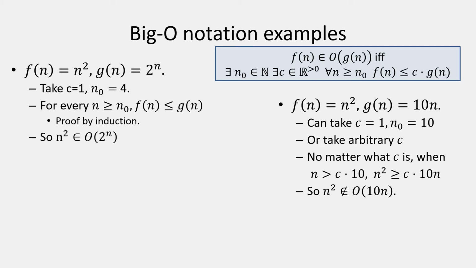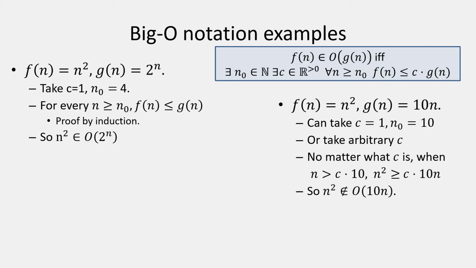So now let's keep f as n squared, but now let g be 10n. What happens then? Take any c that you like. No matter what that c is, look at what happens when n is greater than c times 10.